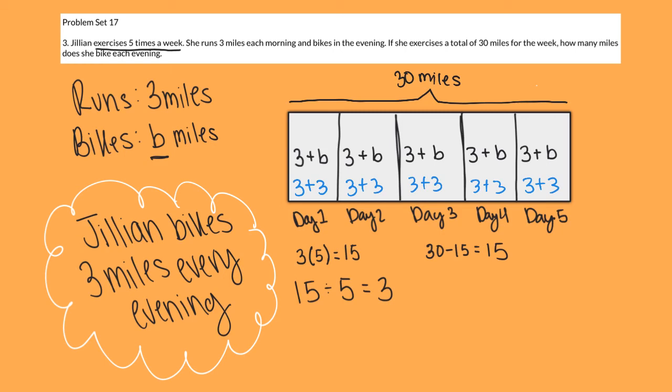We know that 3 plus 3 is going to give us 6. And then we have 6 times 5, the amount of days she's exercising. So we know that 6 times 5 is going to give us 30, and again, that equals the total miles that she is exercising per week. And again, this is just another way to check your work.